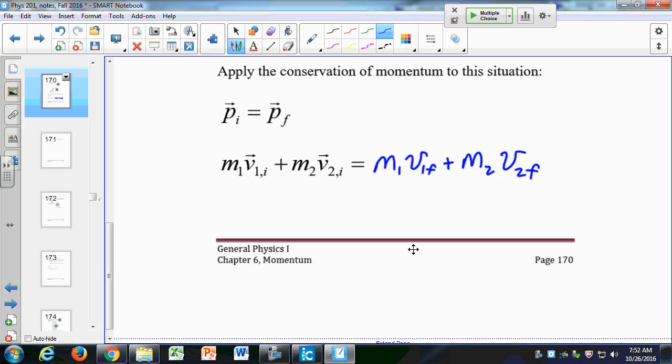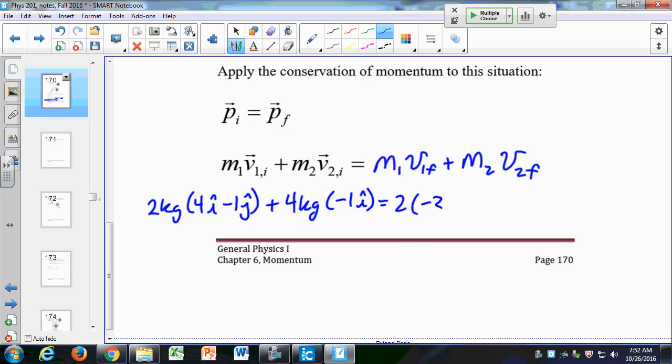My initial momentum is going to be that first particle is 2 kilograms. That's M1. V1 initial is 4I minus 1J, plus M2, which is 4 kilograms, and V2 initial is minus 1 in the I direction. And then this is equal to 2 kilograms times negative 3I minus 2J, and then M2 was 4 kilograms times V2 final.